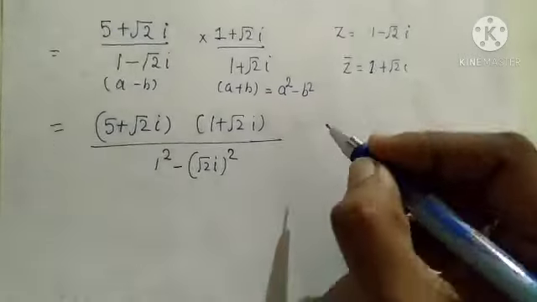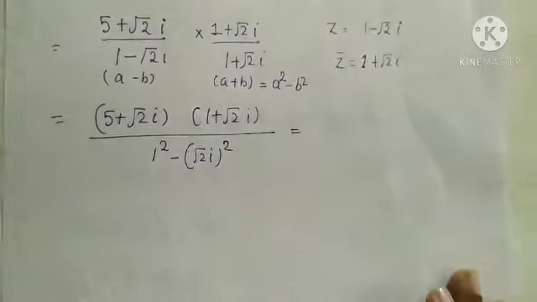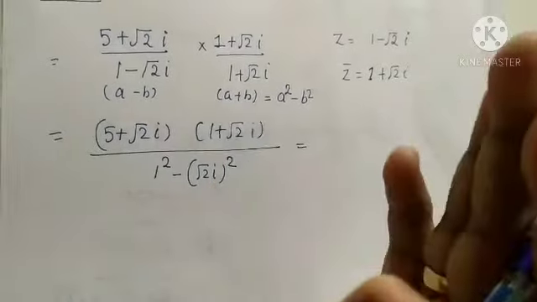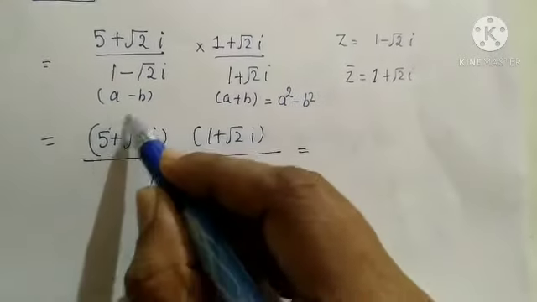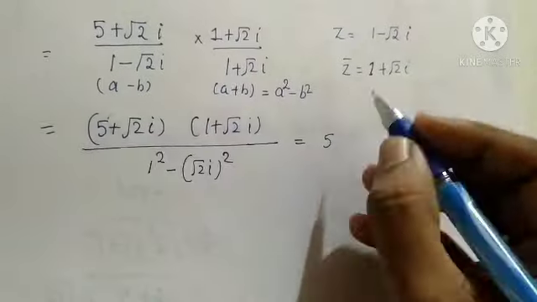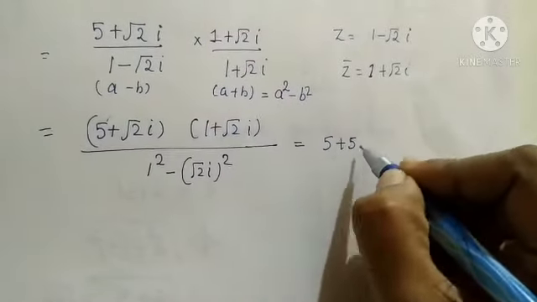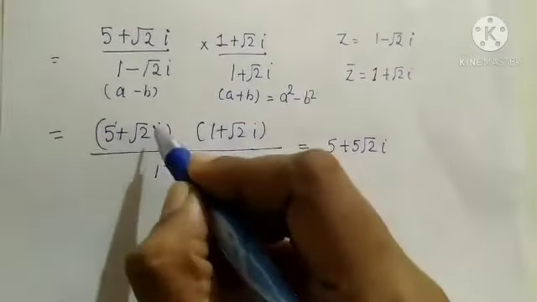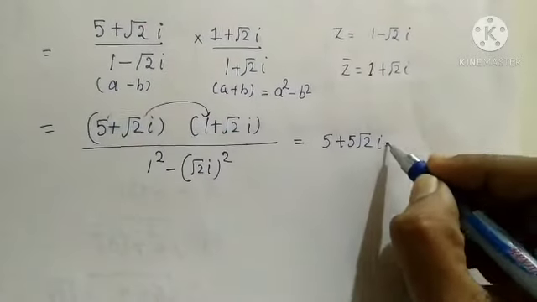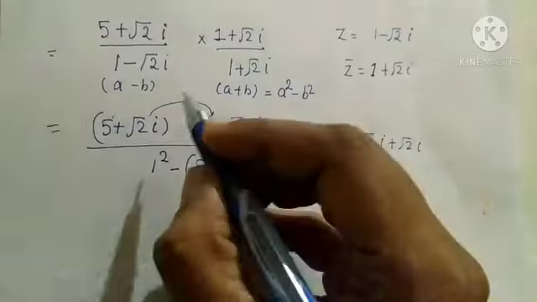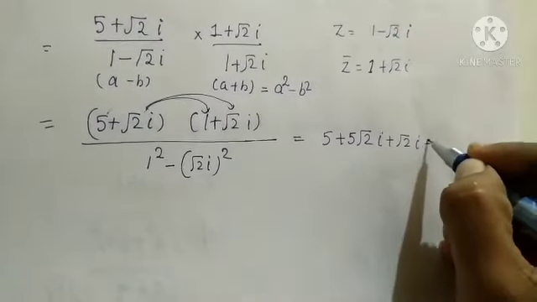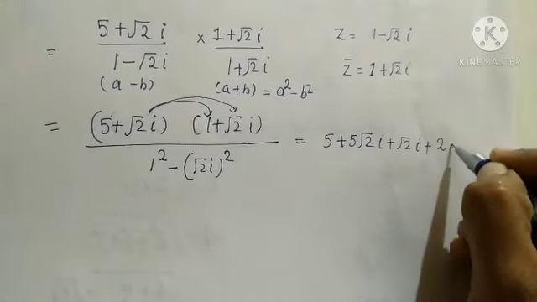Okay, and this will be further equal to, just multiplying these two complex numbers, we get 5 into 1, 5, plus 5 into root 2i, 5 root 2i. Next, root 2i into 1, plus root 2i into root 2i means 2i square.